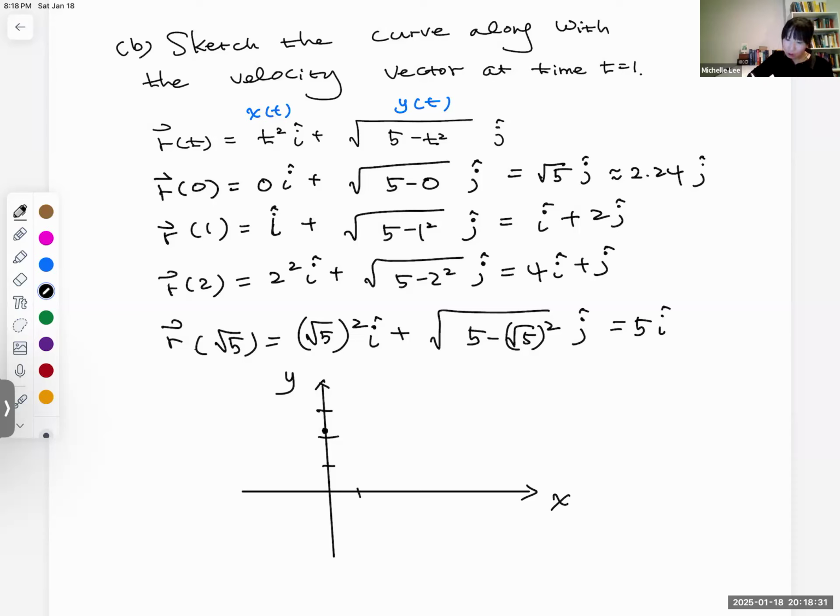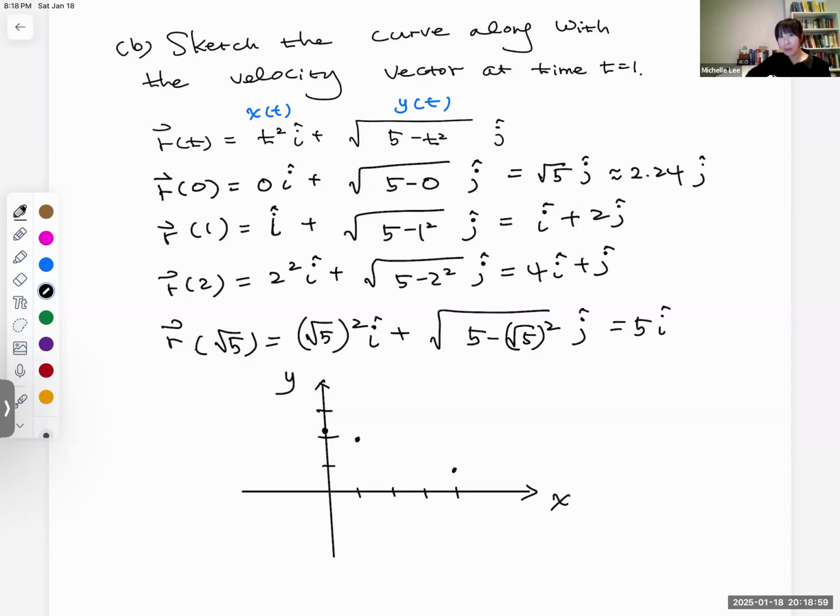Okay, then when t equals 1, we have 1i plus 2j. So it's over here. When t equals 2, we have 4i plus j, right? So 1, 2, 3, 4i, then j, 1. Okay, how about square root of 5?